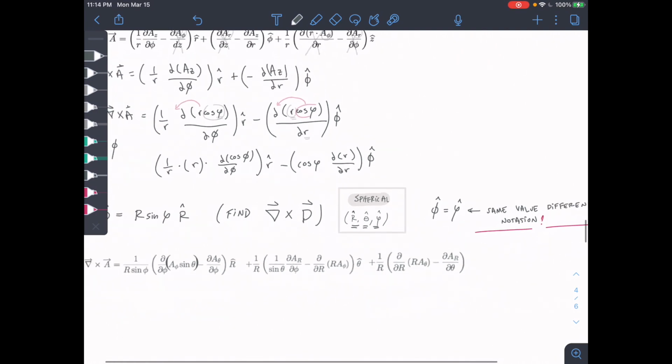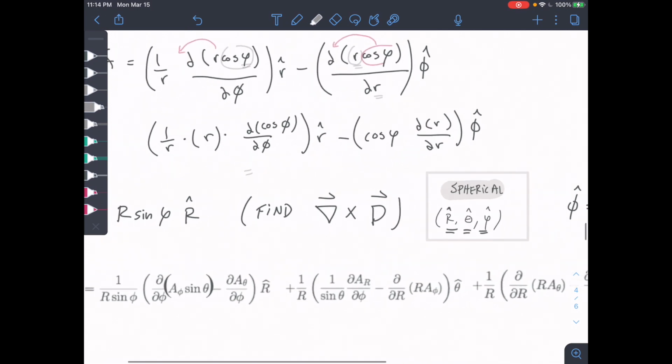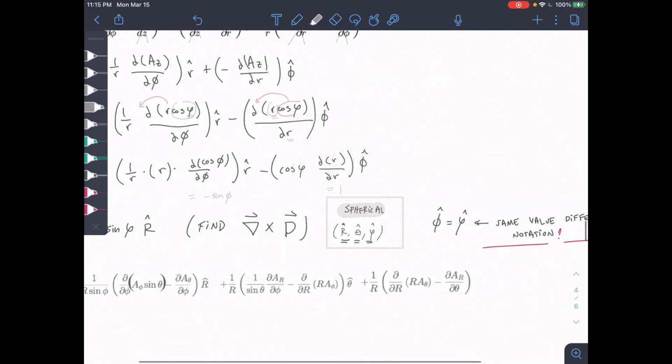Now what are our derivatives? Well, the derivative of cosine of phi is negative sine of phi, and the derivative of r with respect to r is just 1. So let's plug those in up here. We have 1 over r times r, so it's 1 times negative sine of phi, and that's in the r hat direction. We just did the derivative there.